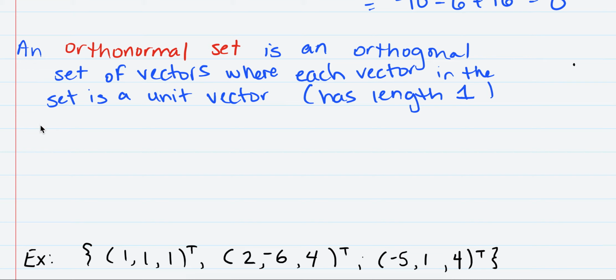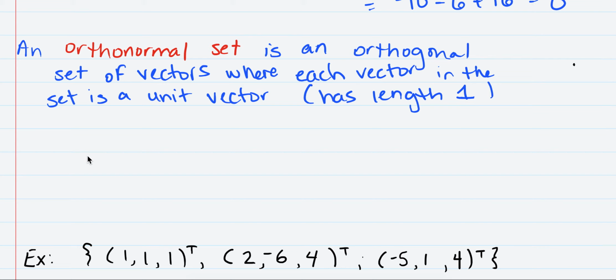And here we're going to be using the norm being the square root of the inner product of a vector with itself. If we're using a different norm, it'll be stated.